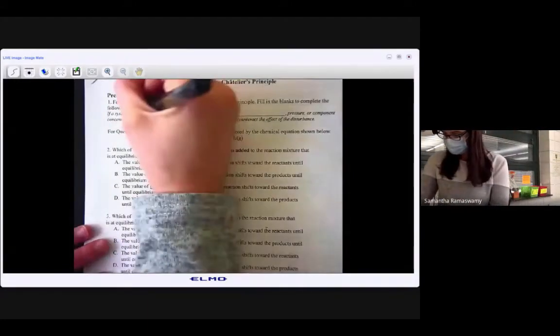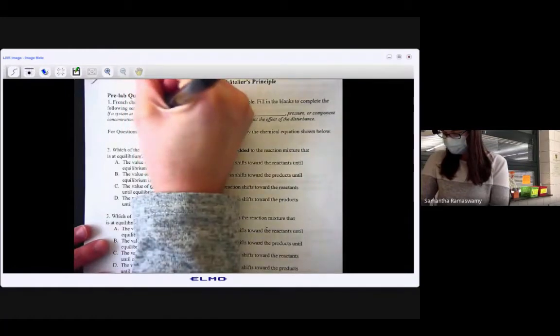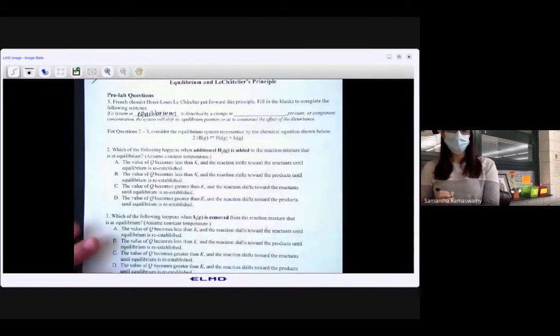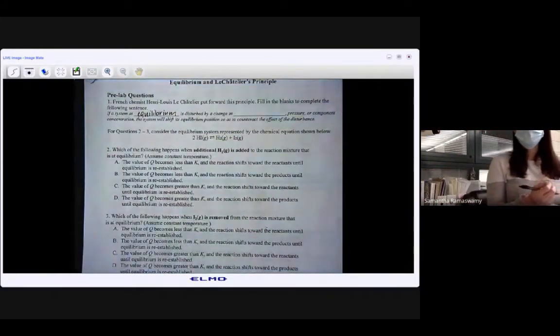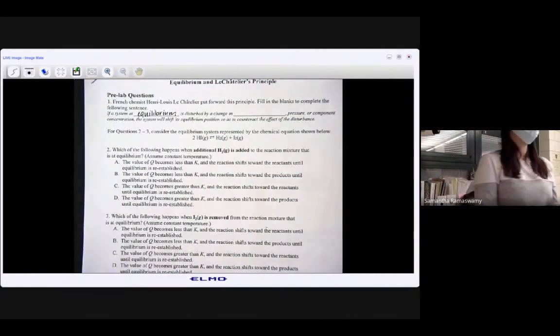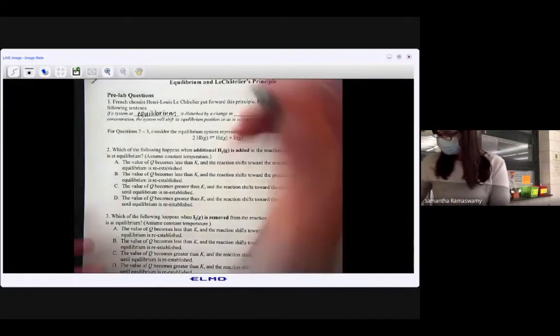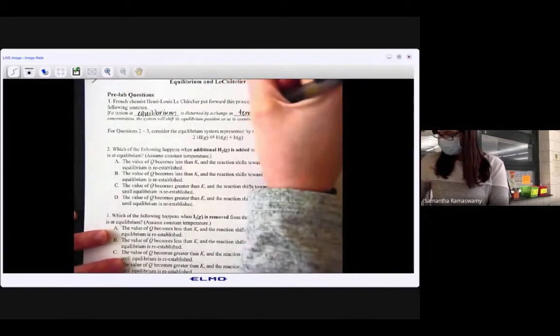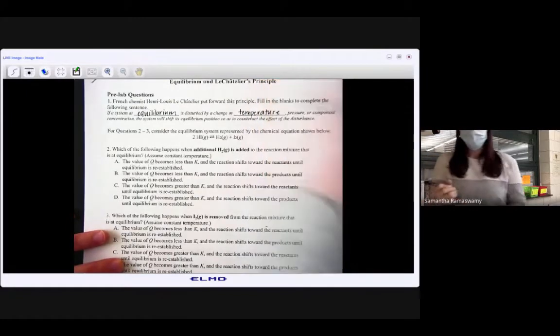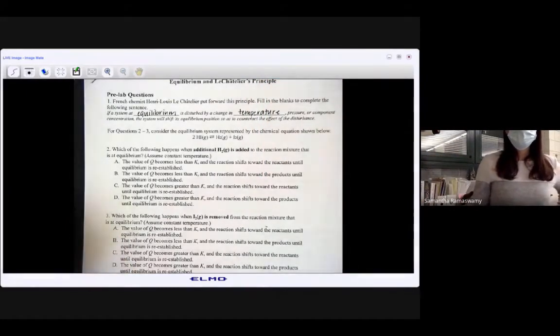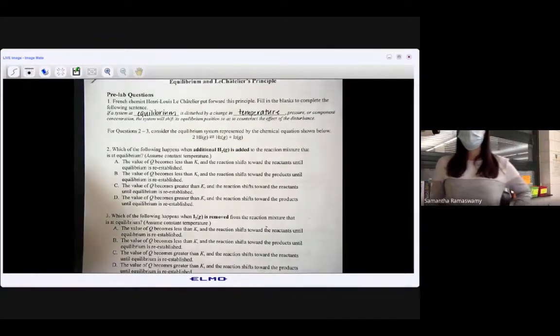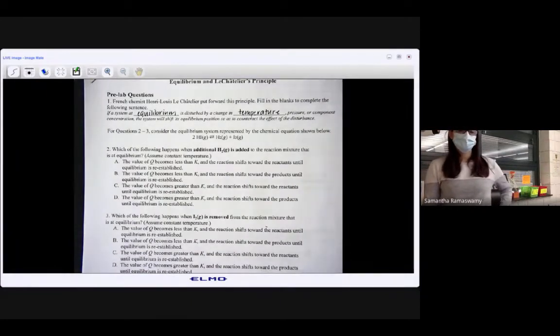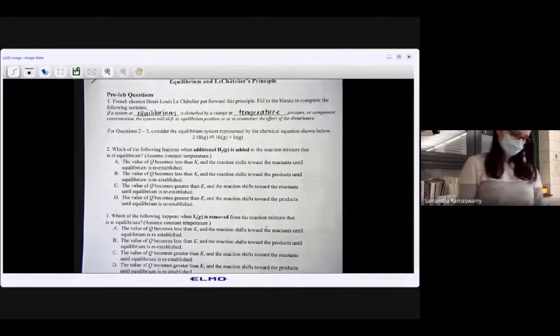Equilibrium. If a system at equilibrium is disturbed by a change in temperature, pressure, or concentration, the system will shift its equilibrium position to counteract the effect of the disturbance. So there's number 1, just the definition of Le Chatelier.